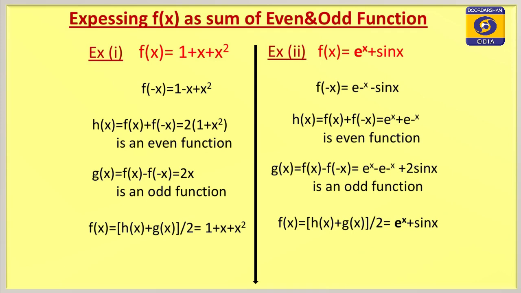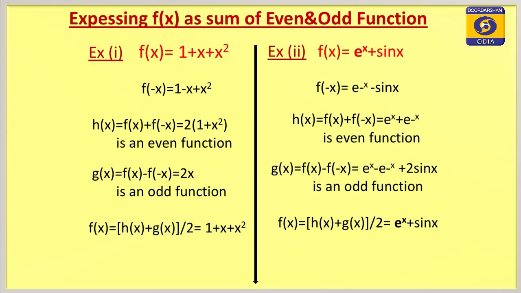Again g(x) is f(x) minus f of minus x, that is e to the power x minus e to the power minus x plus 2 sin x, that is an odd function. You can calculate g of minus x will be minus of g(x), and you can also calculate h of minus x will be h(x).